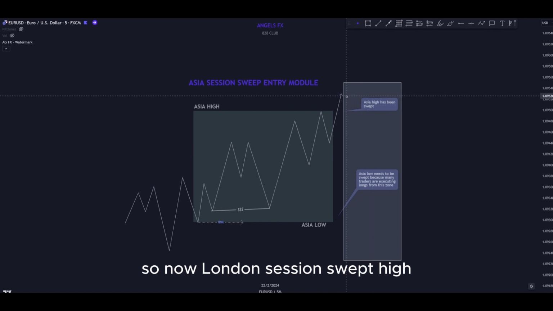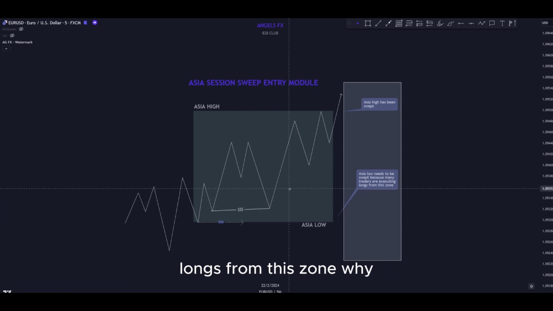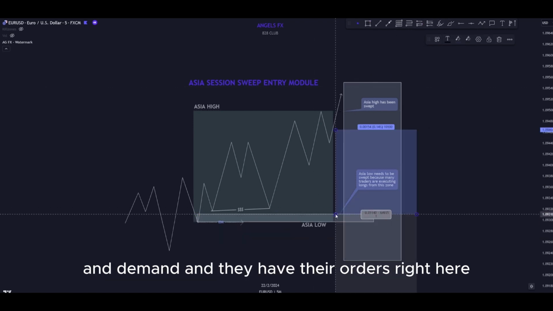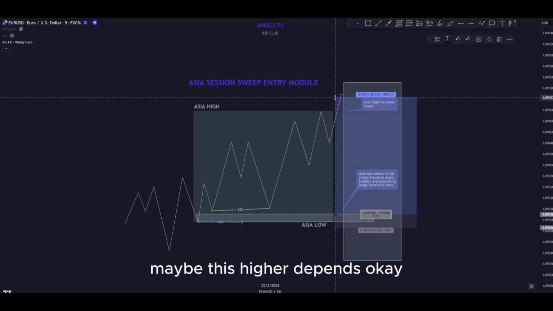So now the London session swept the high, and the Asia low needs to be swept because many traders are executing longs from this zone. They are entering from this smart money trap and demand, and they have their orders right here, stop loss underneath, and they target maybe this high, or it depends.